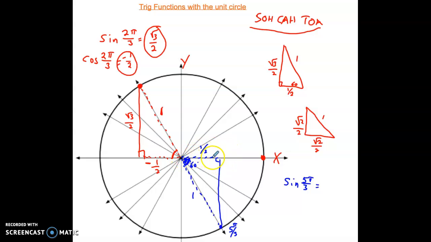From the origin, we're going in the positive x direction. This longer leg of the 30, 60, 90 triangle is going to be root 3 over 2. However, we are going in the negative y direction. So for the sine function, opposite over hypotenuse, divided by 1 is not going to do anything, so negative root 3 over 2. All right, that is it.